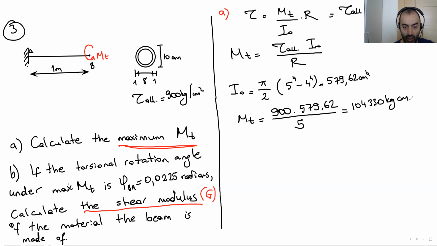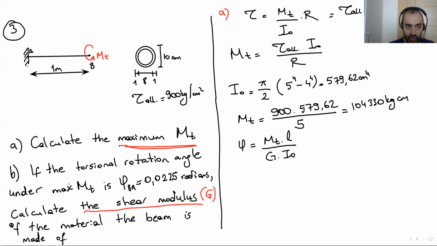Now we have MT. Under this MT, we have a rotation angle. Let me write the equation again. Phi equals T times L over G times I0.